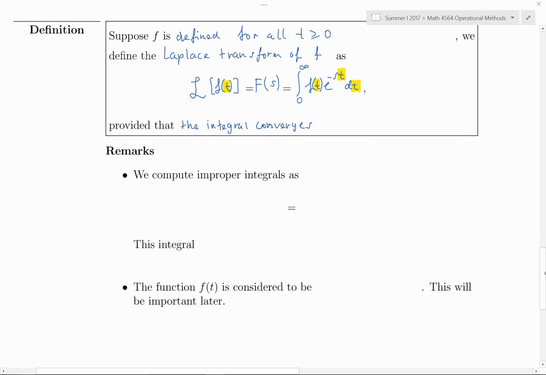So let's talk about this particular integration and what it means we have to do. Well, if you remember, we defined the integrals over the infinite intervals as limits of integrals over finite intervals. The reason we do that is because it's not possible to use the fundamental theorem of calculus on these integrals, because the fundamental theorem of calculus requires a finite interval of integration.